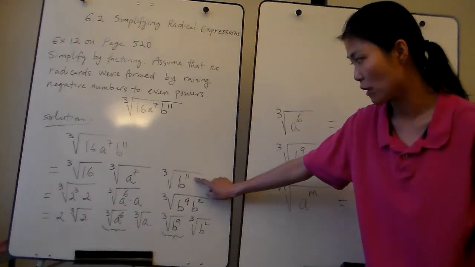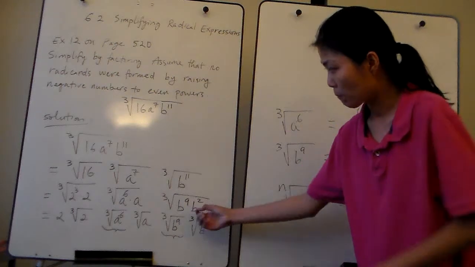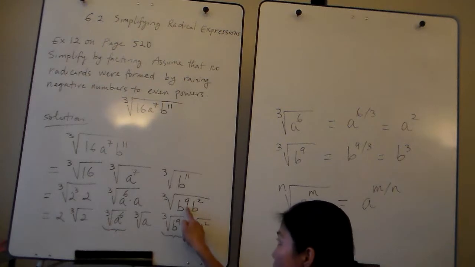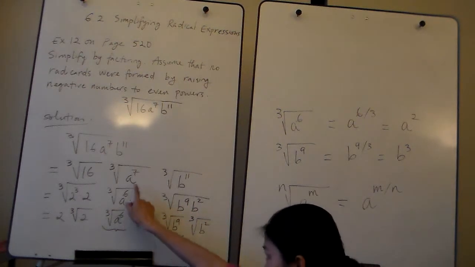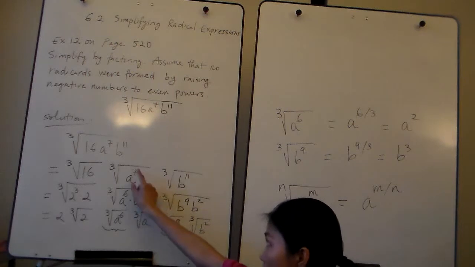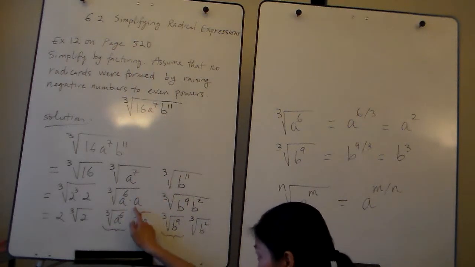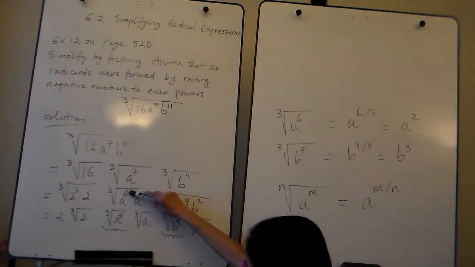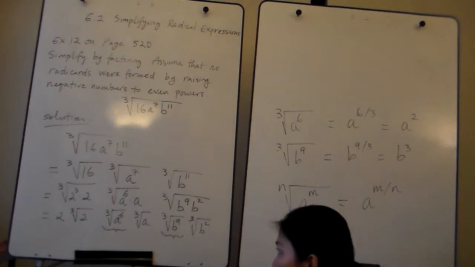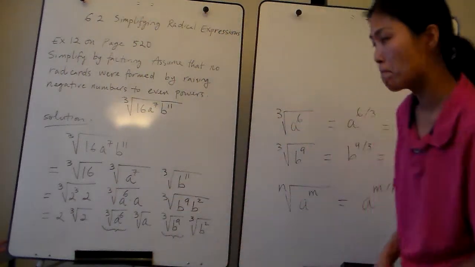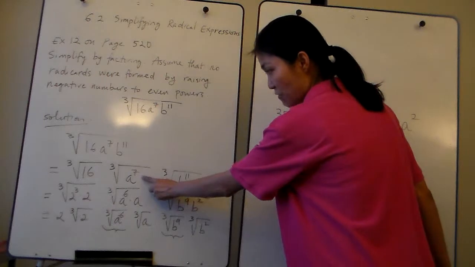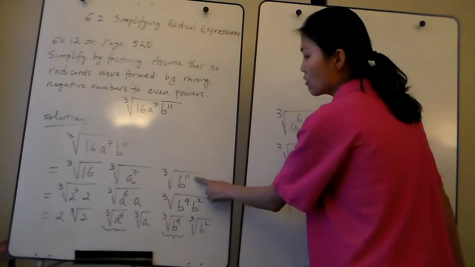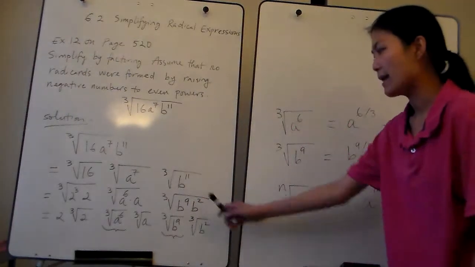So when I have b to the 11, I factor out 9 as the exponent and a 2 here, because I know that 9 will divide by 3 later on. Similarly, for a to the 7, I factor out a to the 6 and the remaining is a. The reason I want a to the 6 is because I know 6 will divide by 3 evenly. And b to the 11, I factor out as b to the 9, and the remaining is just b squared.